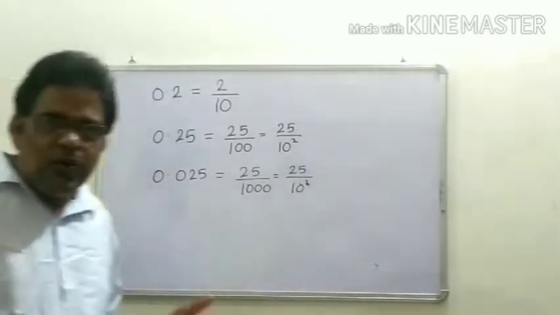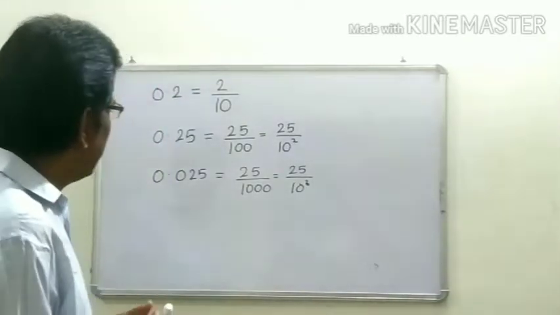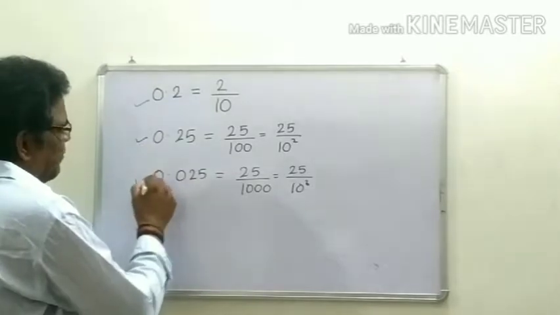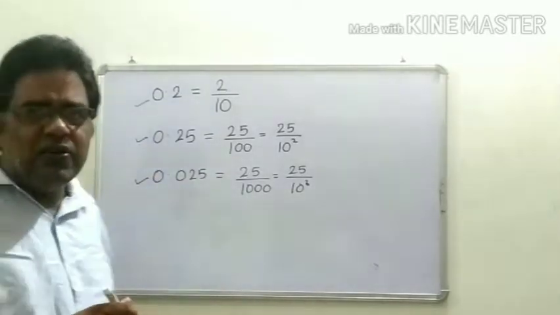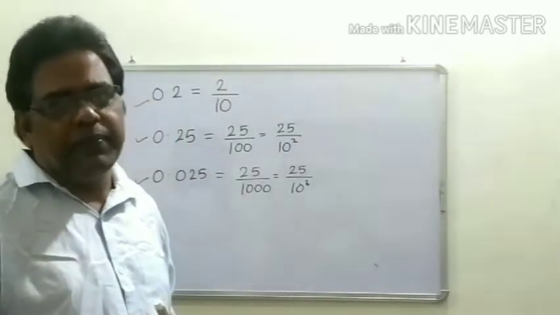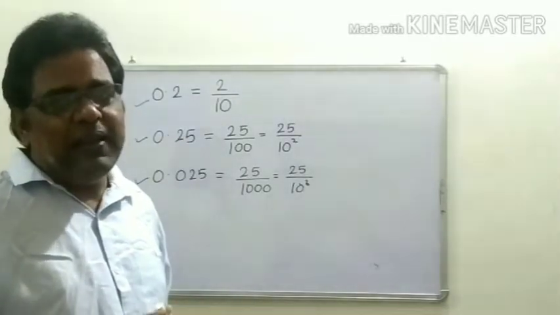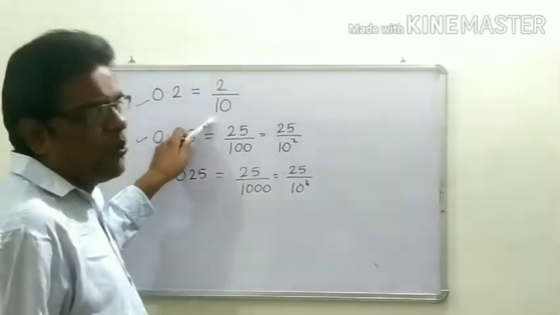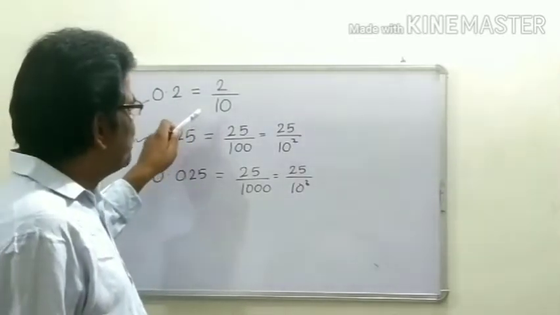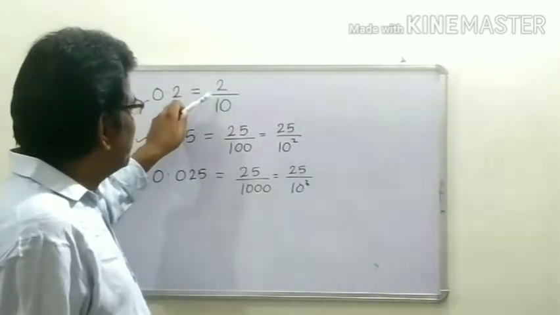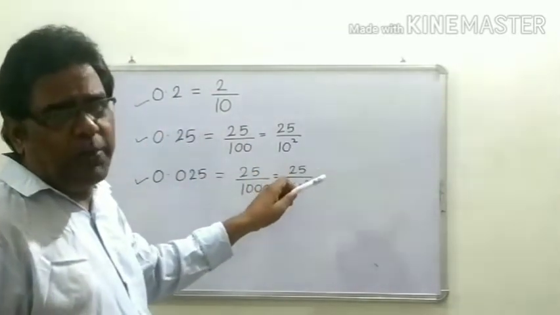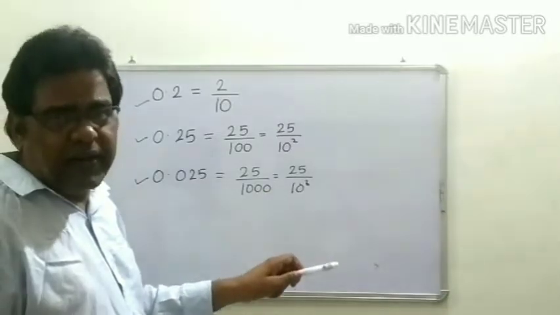Now, what you see here is that all the decimal expansions which I have written are of terminating type. And if I convert them in the form p upon q, then you see that always the denominator is coming in powers of 10.